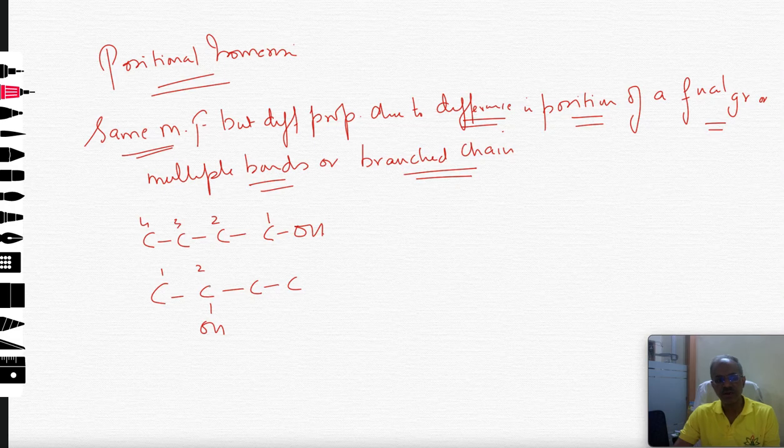Now the molecular formula of both these is the same, but here the functional group is at the second position and here it is at the first. So I can say these are positional isomers. This also is a straight chain, but the position of the functional group is different.